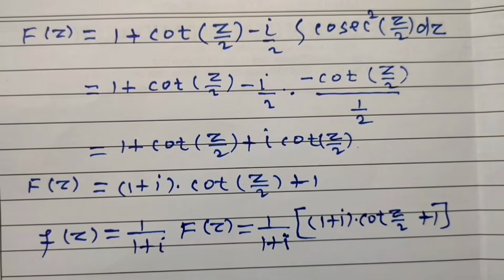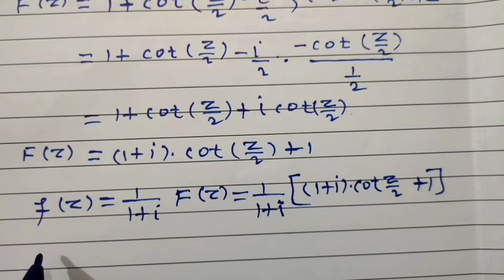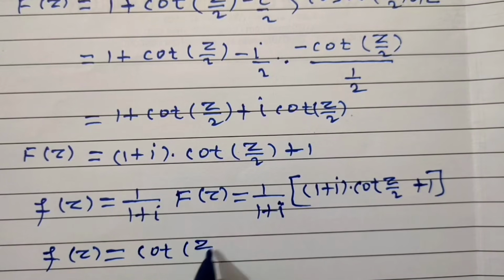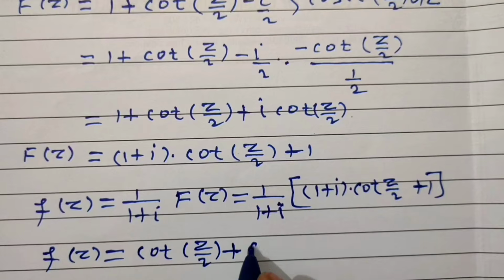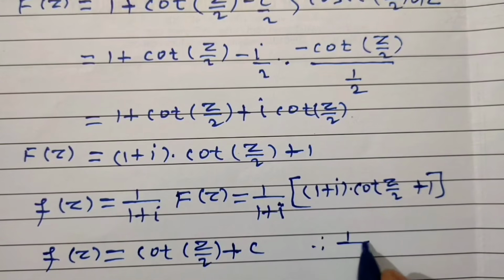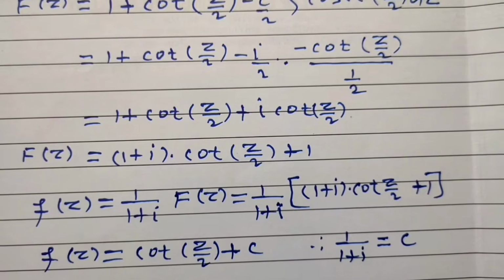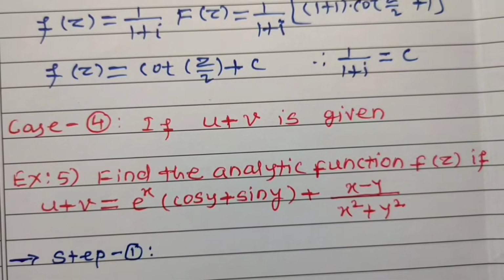So simplify this. Hence analytic function f of z is equal to, 1 plus i gets cancelled with this, remains cot z upon 2 plus integral constant c, assuming 1 upon 1 plus i is equal to c, and this is the required analytic function. Let us solve problems on case number 4.